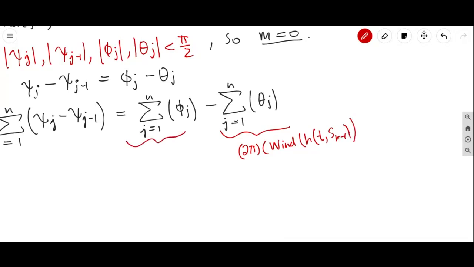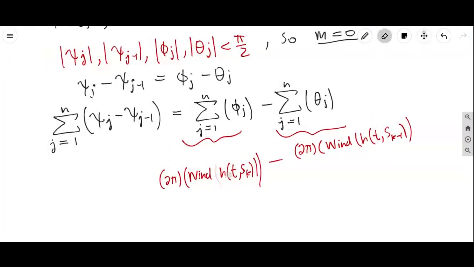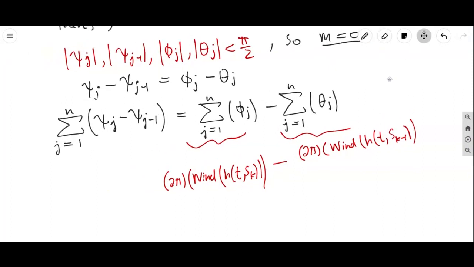And the sum of all of those phi angles, by definition, would be the winding number of the closed path in the interpolation on the k level. So this minus this, and it turns out this is equal to 0, and therefore the two winding numbers are the same. So why is that equal to 0?